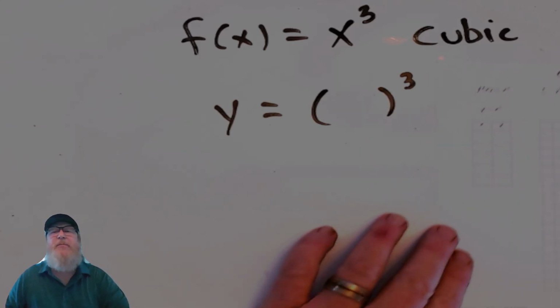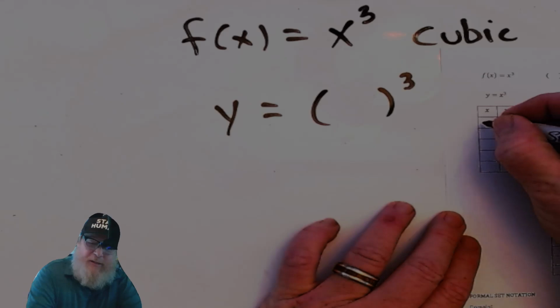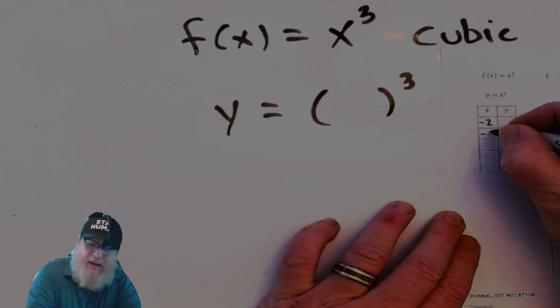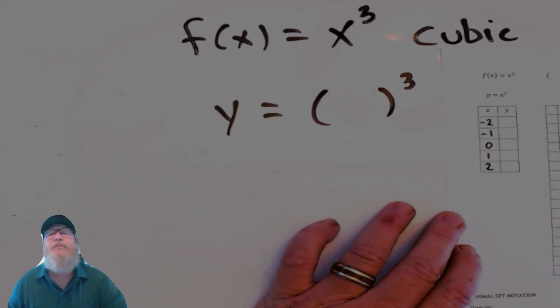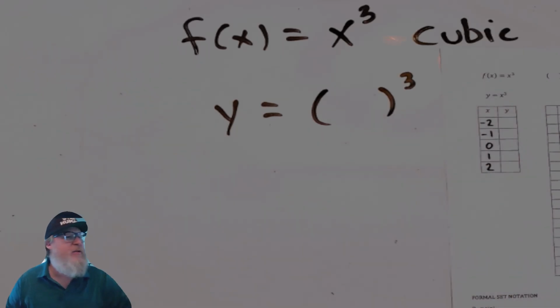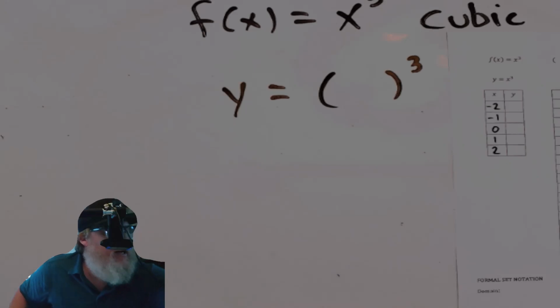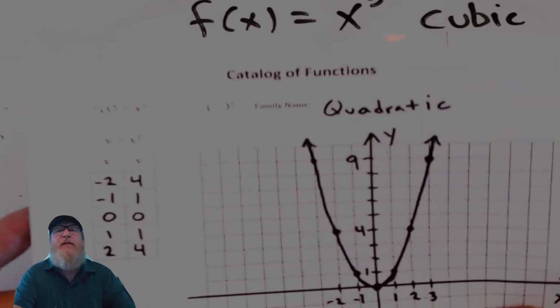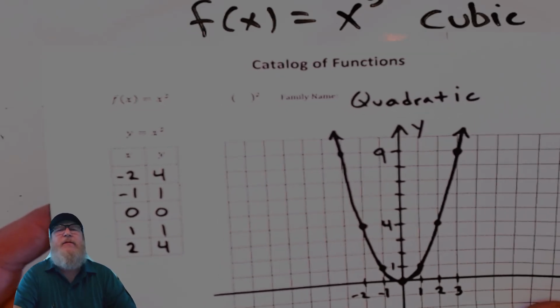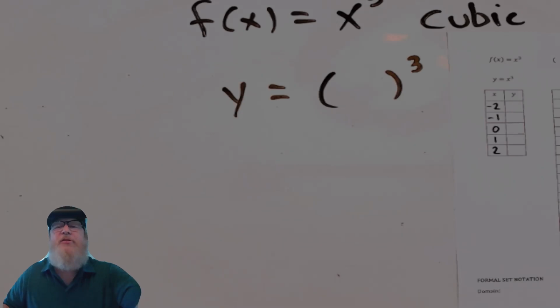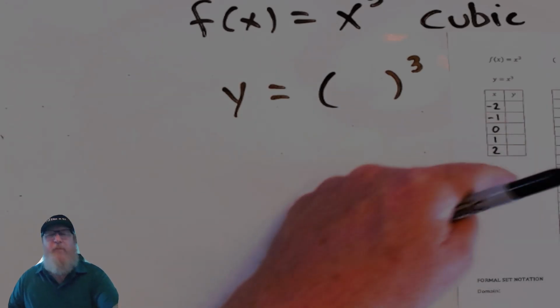I'm going to go back to my traditional inputs, -2, -1, 0, 1, and 2. Same inputs that I used for its cousin, the quadratic. However, the outputs are not going to be the same.